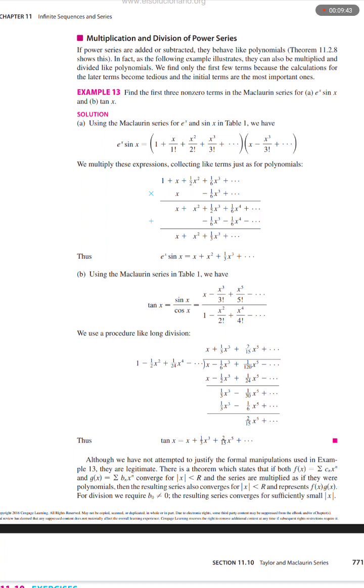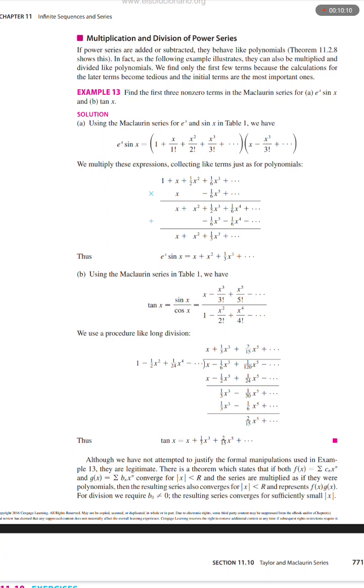We have x plus x squared plus 1 over 3 x cubed plus ellipsis. Thus, e to the power x sine x equals x plus x squared plus 1 over 3 x cubed plus ellipsis.